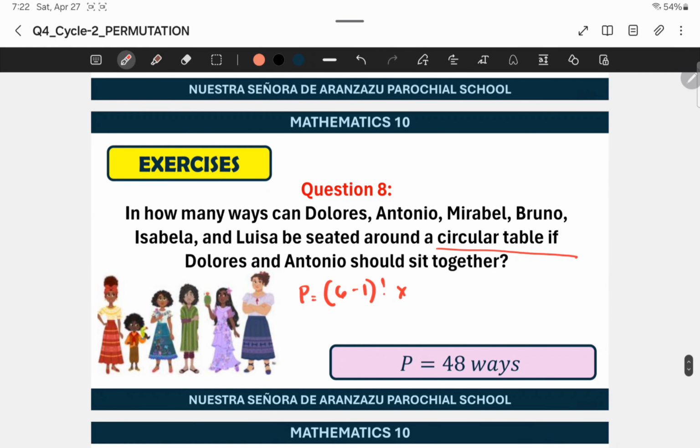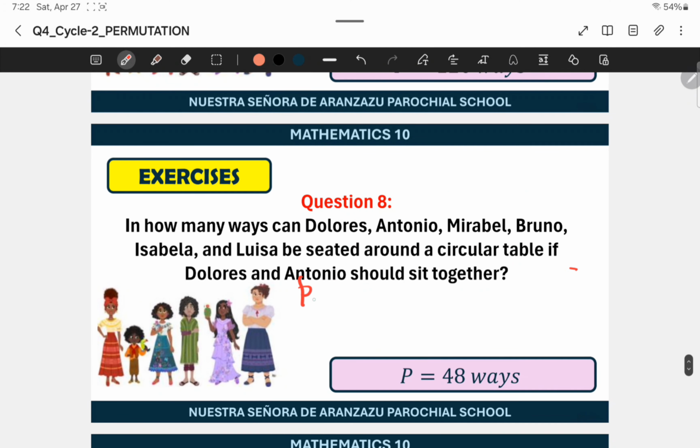Then, i-multiply mo yung magkatabi si Dolores and Antonio. Yung arrangement ni Dolores and Antonio. Sorry. So, dapat pag-isahin natin si Dolores and Antonio. So, kapag pinag-isa mo si Dolores and Antonio, ilan na lang sila? I mean, you will have 5.